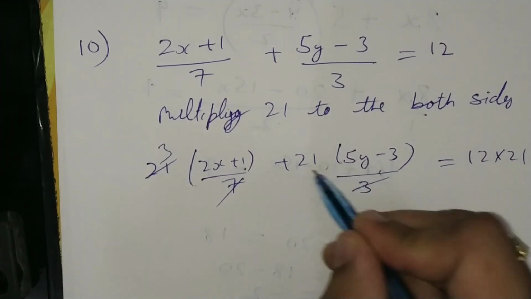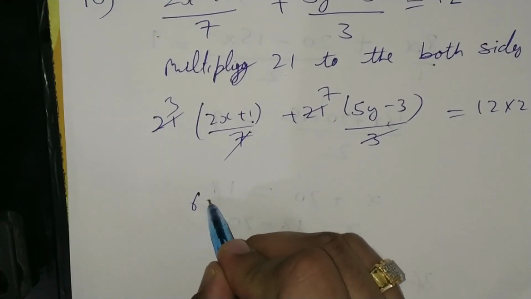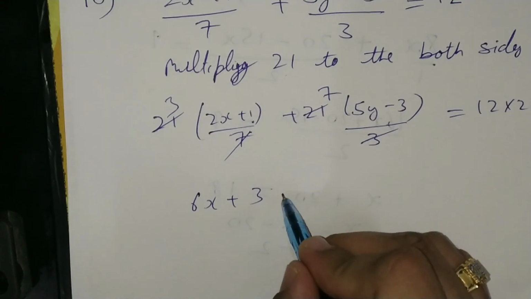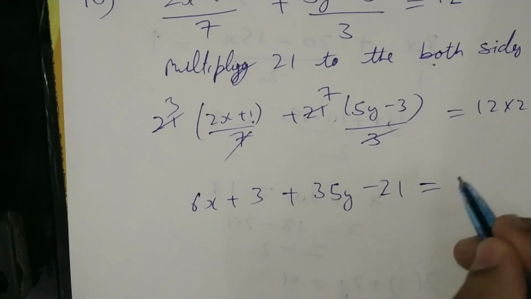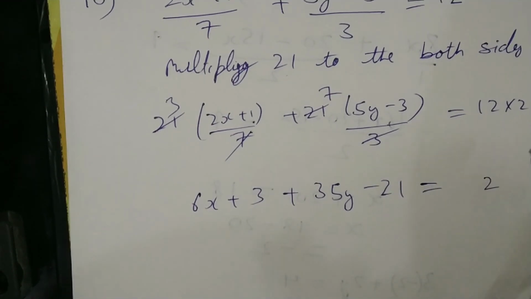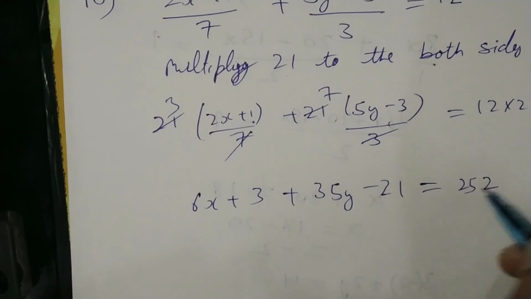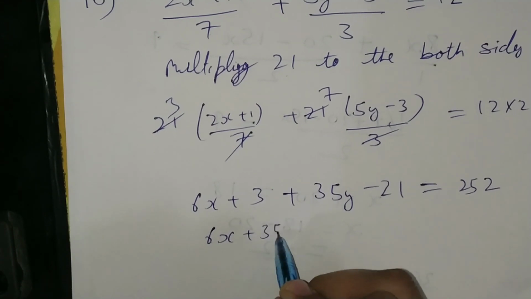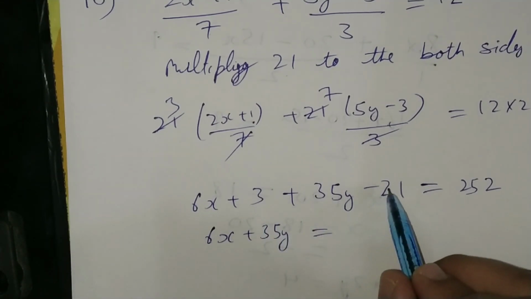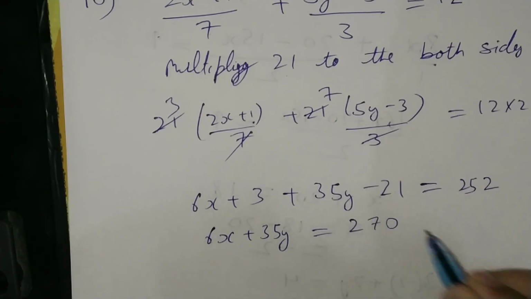So this will become 3, this will become 7, and you can multiply this. 6x plus 3, 35y minus 21 is equal to... So 6x plus 35y, take this to the other side of the equal sign, 21 minus 3 is 18, and this will add up, so 270.